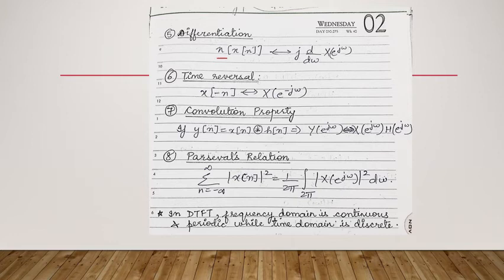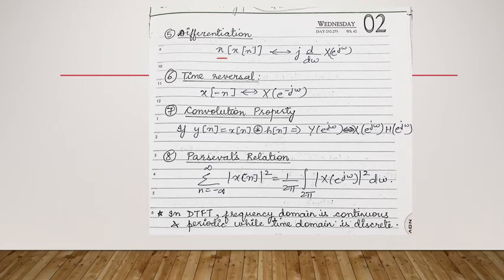So this is the differentiation property. The sixth property is the time reversal property. Now, if I take minus n in place of n for x(n), what will happen to its DTFT? You can observe just ω is replaced by minus ω.